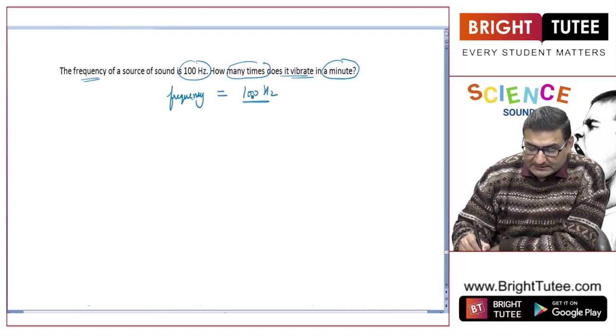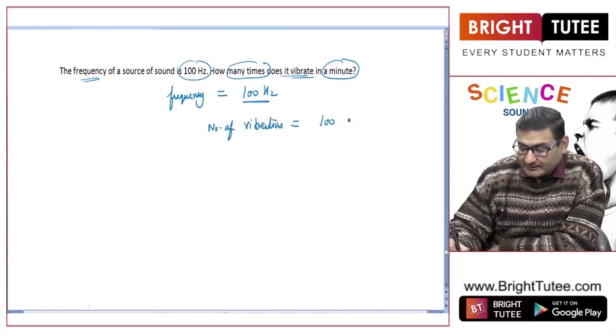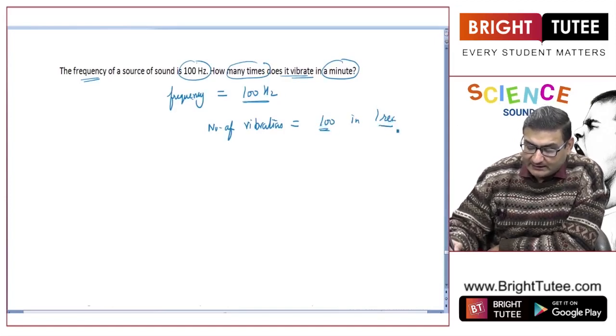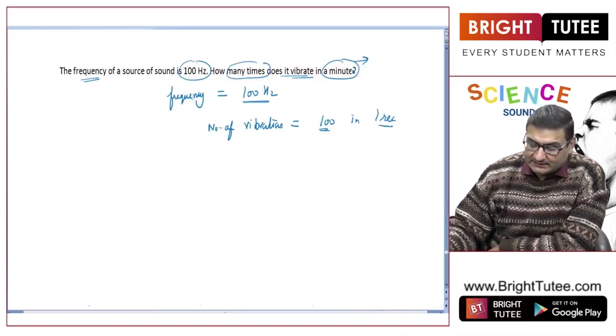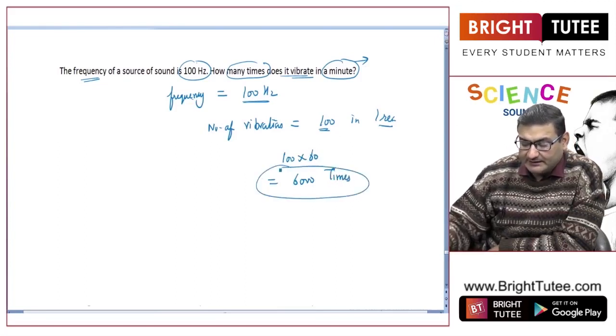So, if frequency is 100 Hertz, that means that the number of vibrations or oscillations will be 100 in 1 second. So, if it is vibrating 100 times in 1 second, I need to calculate it in a minute, and I know that in a minute there are 60 seconds. Therefore, I can simply multiply by 60 and it will vibrate 6000 times in 1 minute.